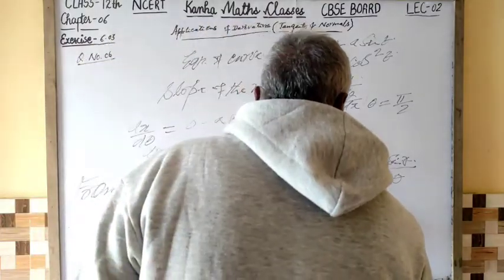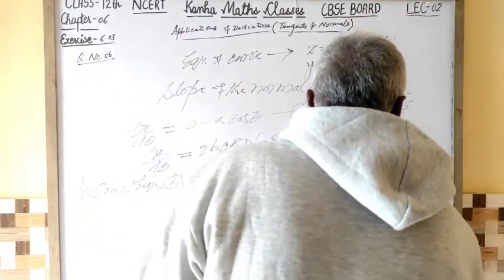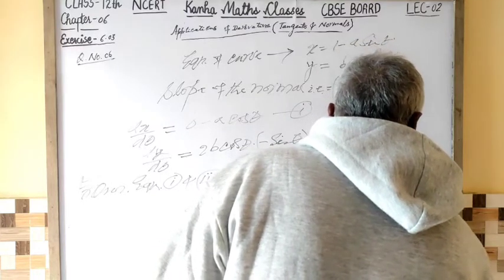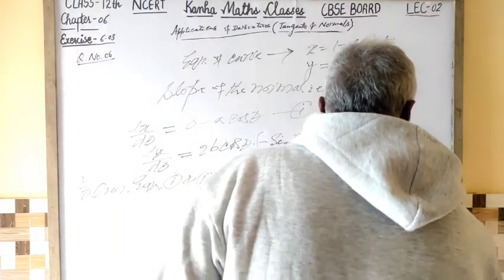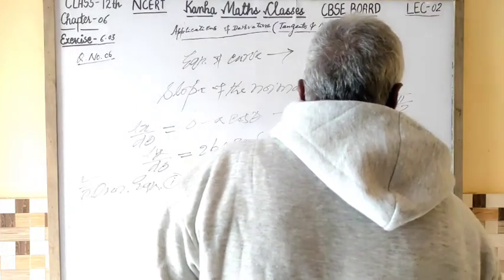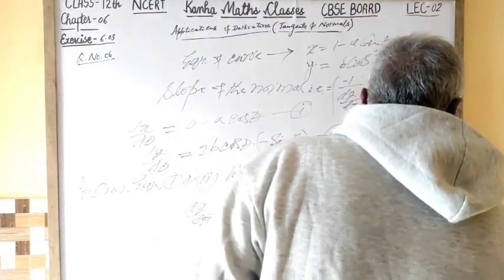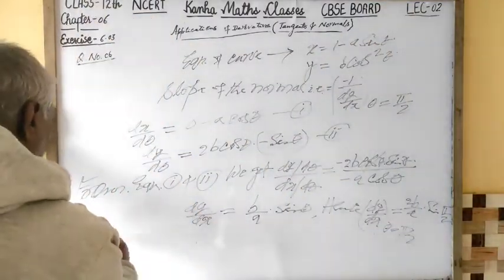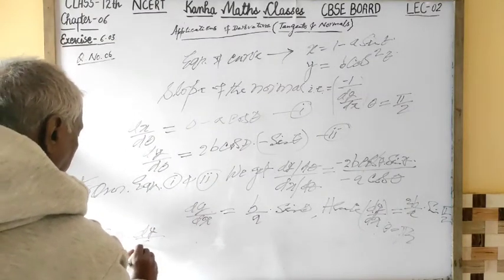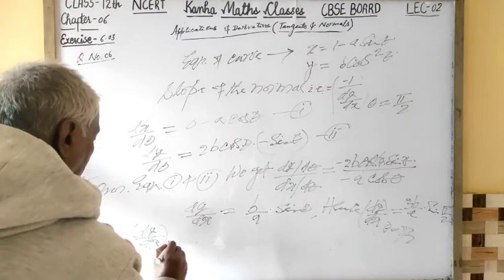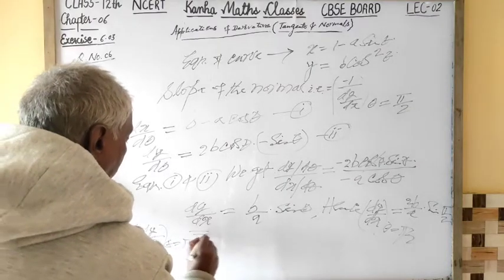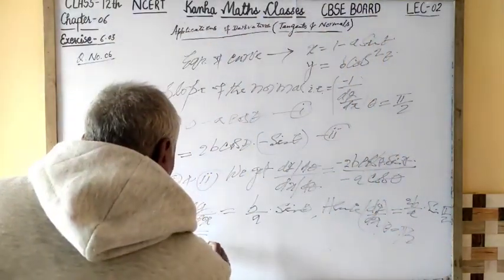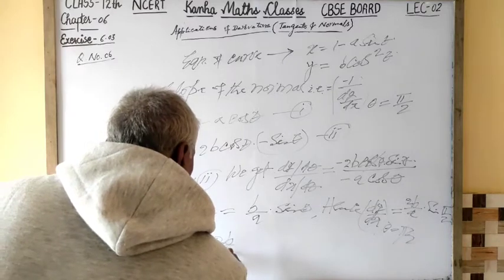Hence dy by dx at the point theta is equal to pi by 2 will become 2b by a into sin pi by 2. This will become sin pi by 2 means 1, so dy by dx is 2b by a.